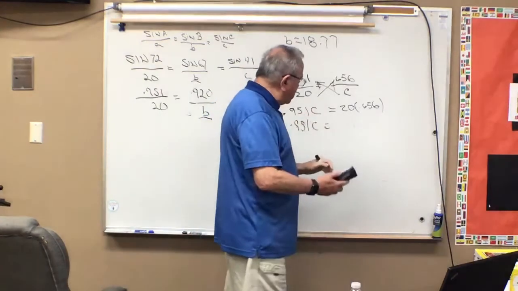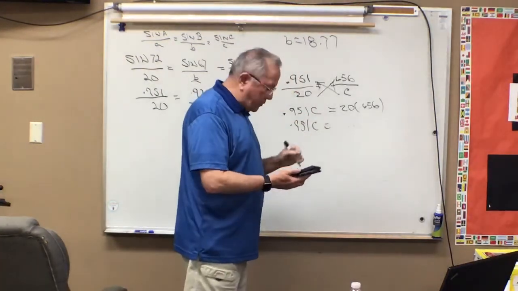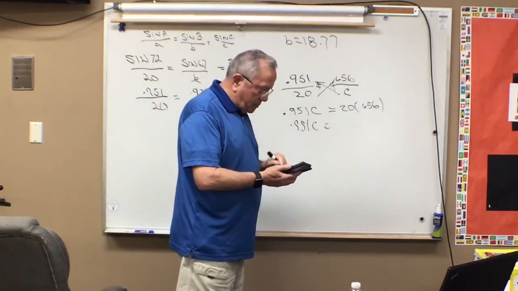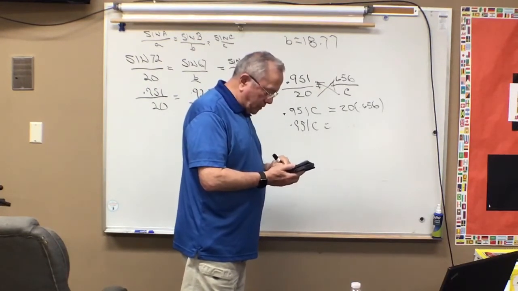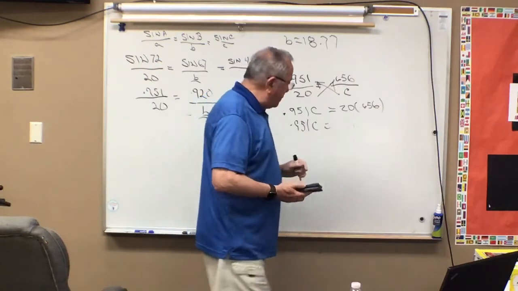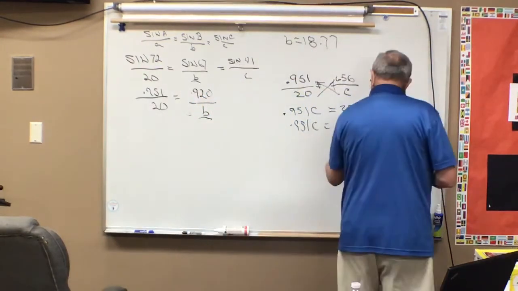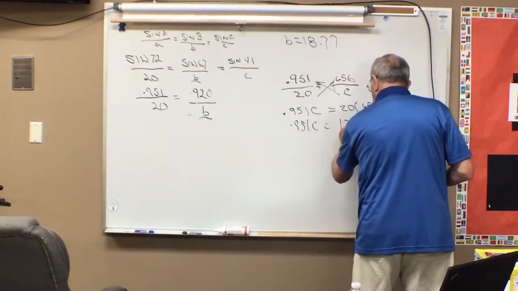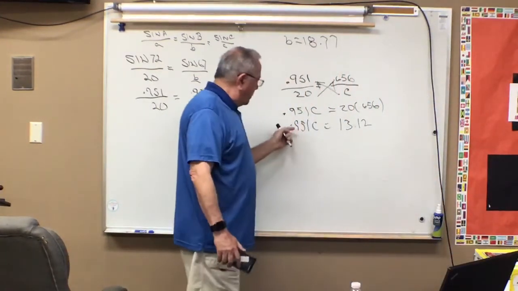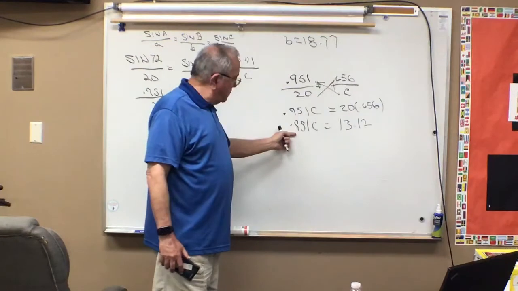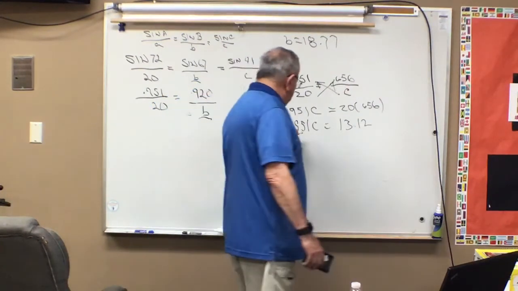So all you have to do is go 20 times 0.656, and that's going to be about 13.12. All right, so the next thing we do is what? We divide both sides by 0.951.